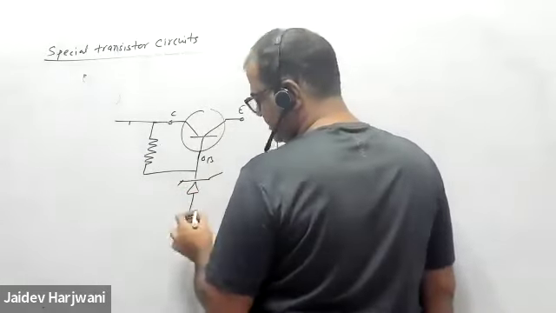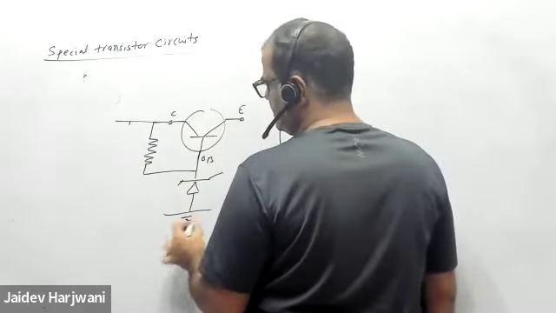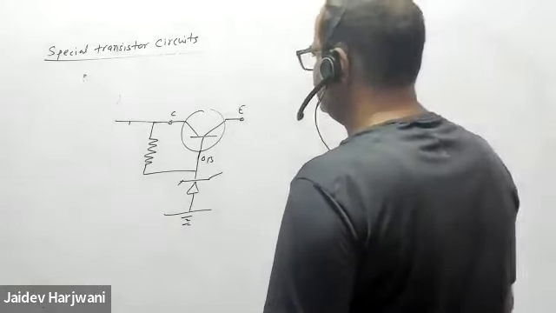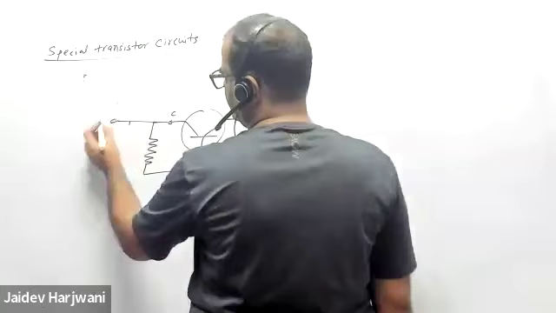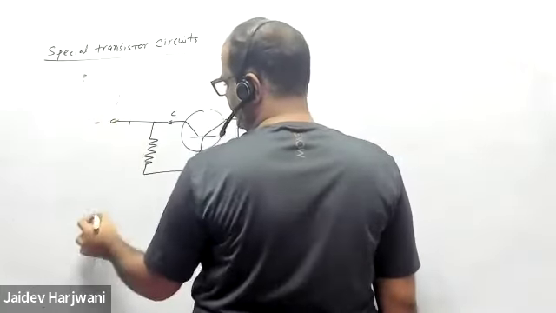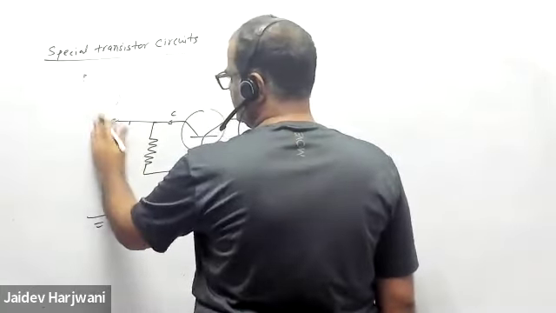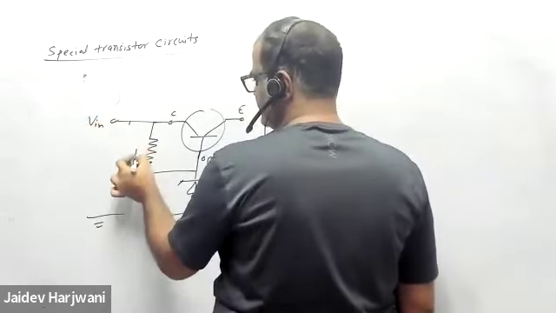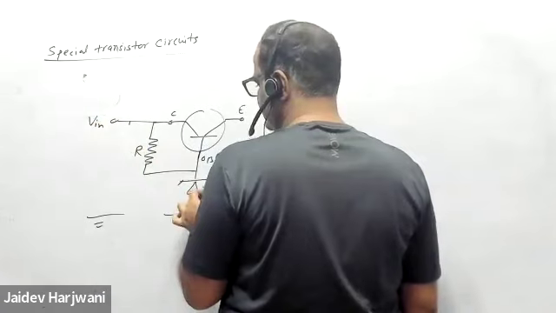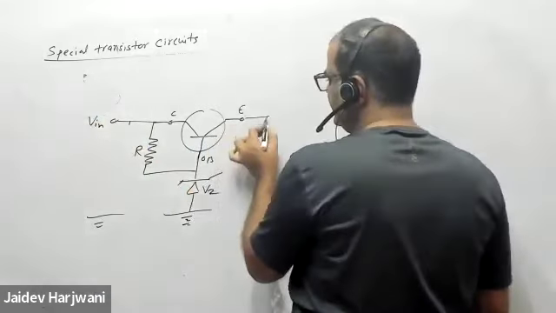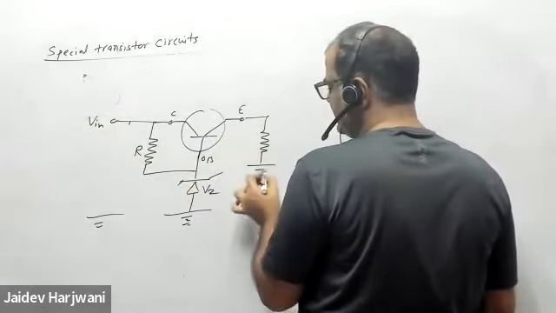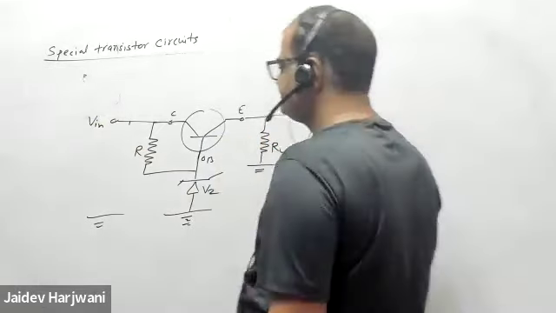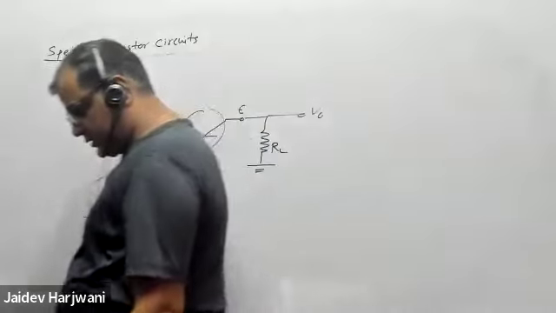So this is your base, and here you have a VCC. This is the input voltage, and this is the resistance R. This is called VZ, here I am measuring across RL, and here I'm taking V0.